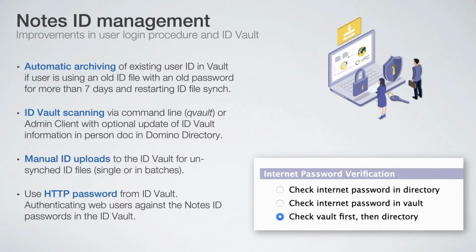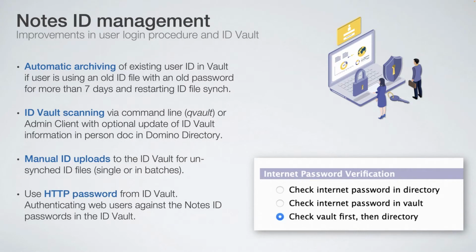Big improvement is the last one, internet password verification. Now, since version 12, you can set, hey, if you are logging in through web to your Verse or iNotes, for example, you do not need to use a separate internet password stored in the person document in names.nsf, but first check the Notes password that is stored in ID Vault, and if it doesn't work, then continue to a classic internet password.